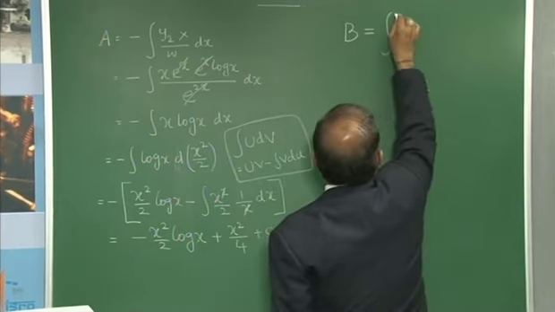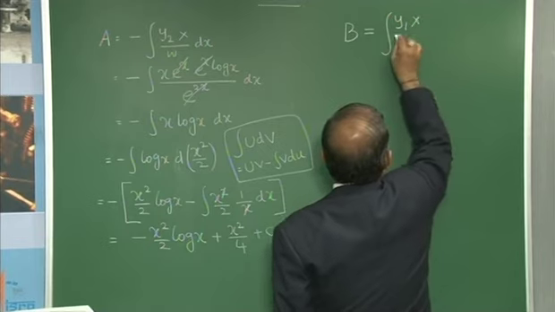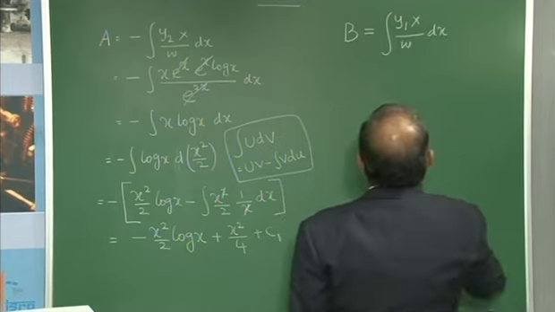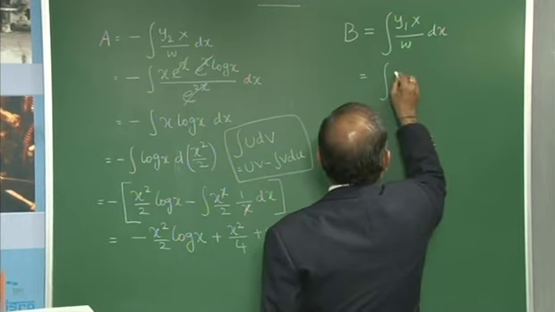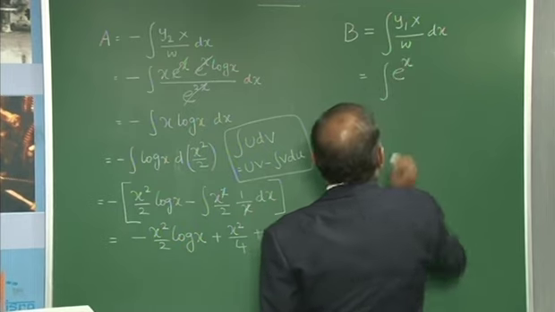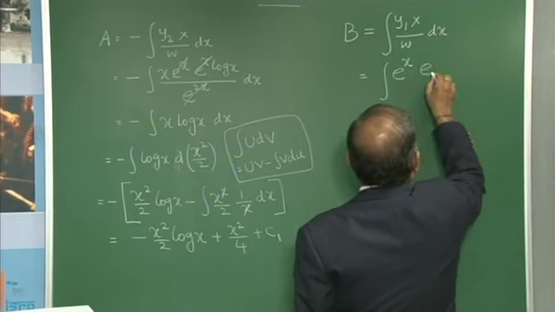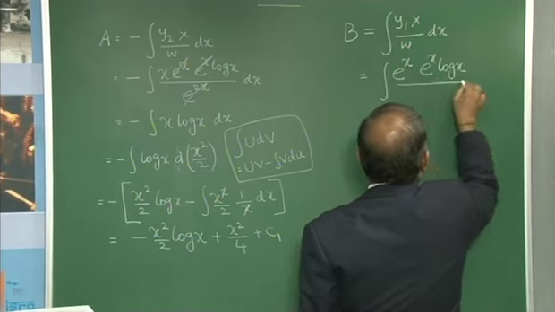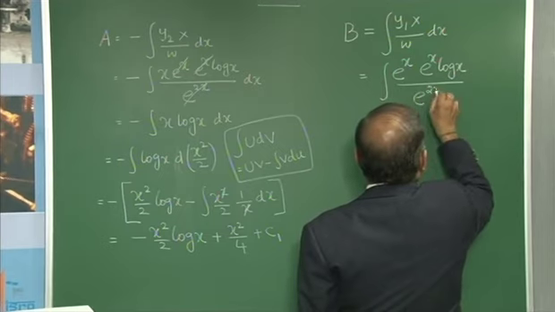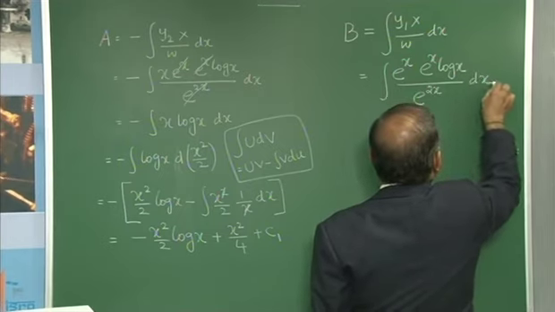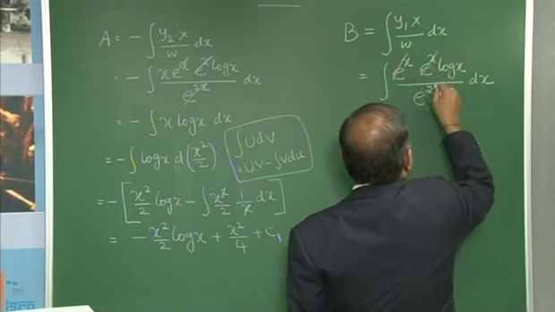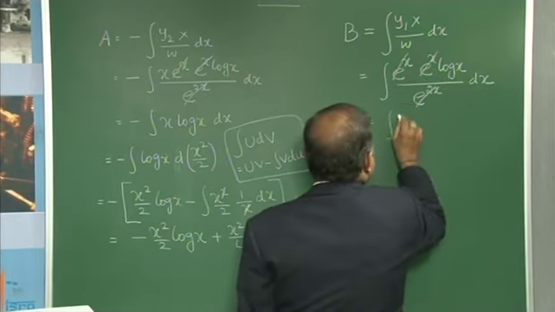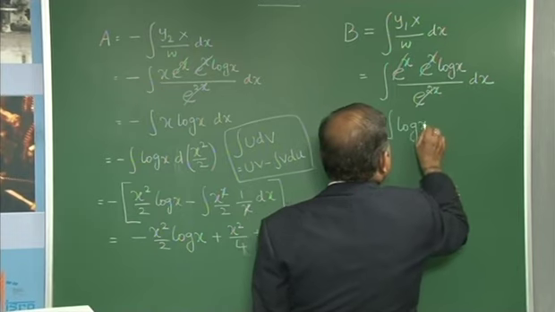Then B is integral y1 X by W dx. What is y1? It is e^x, and X is e^x log x, divided by e^2x, dx. Here e^x gets cancelled, I got only integral log x dx.